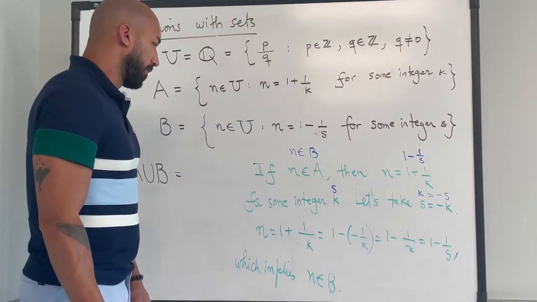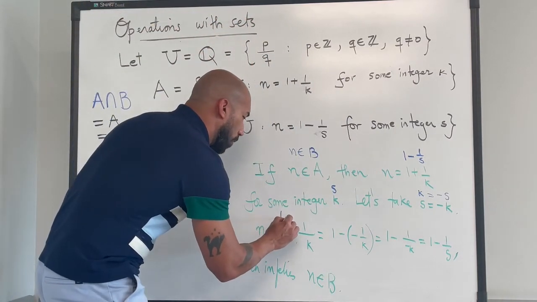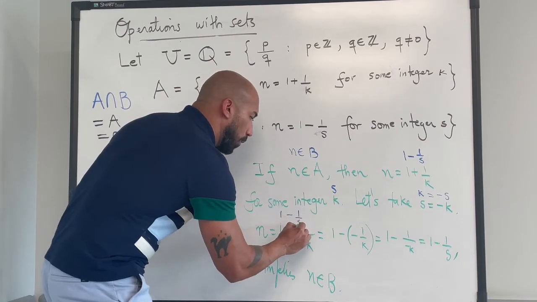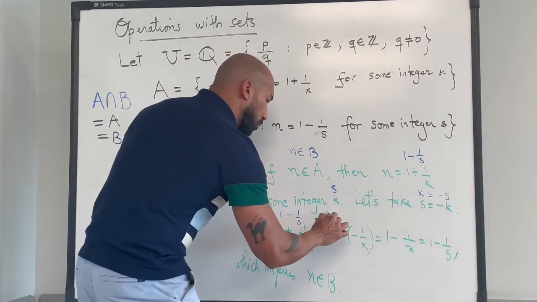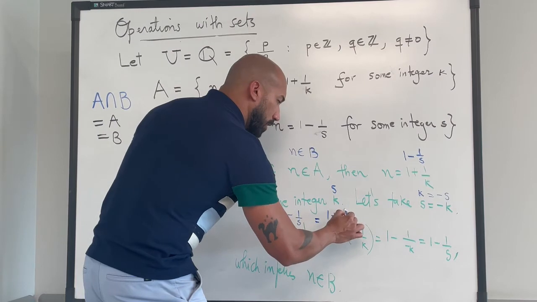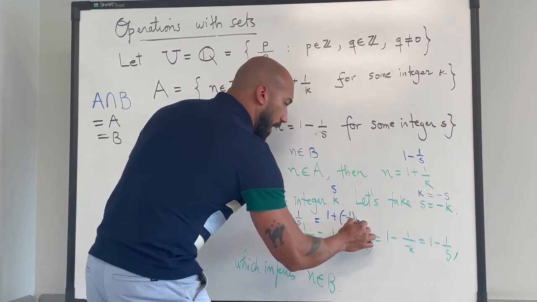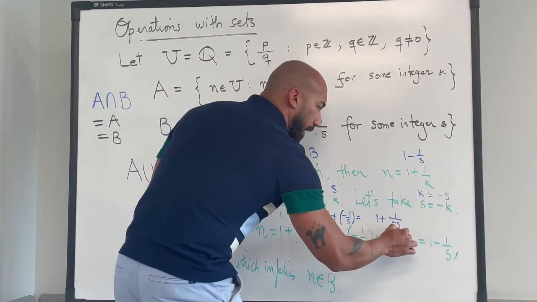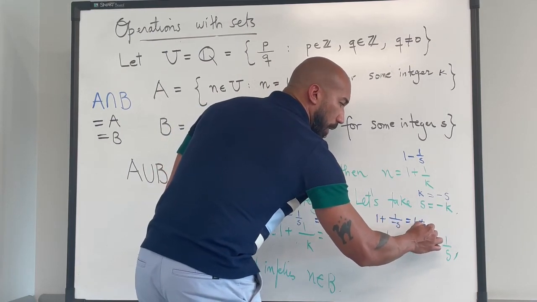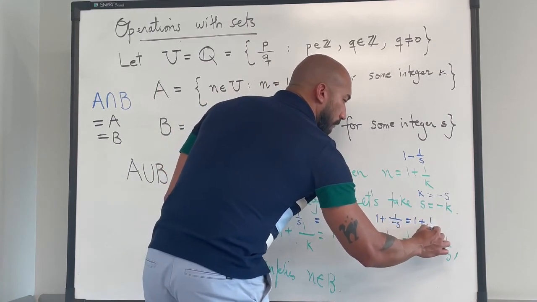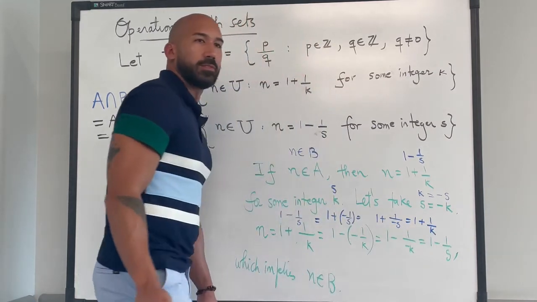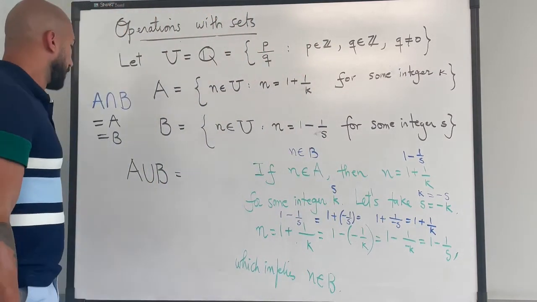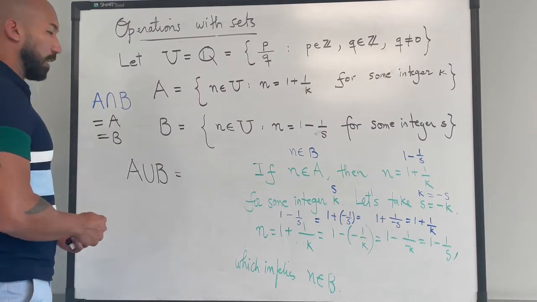So here we have 1 minus 1 over s is equal to 1 plus minus 1 over s, which is equal to 1 plus 1 over negative s, equal to 1 plus 1 over k. So this is telling us that these two sets are the same.